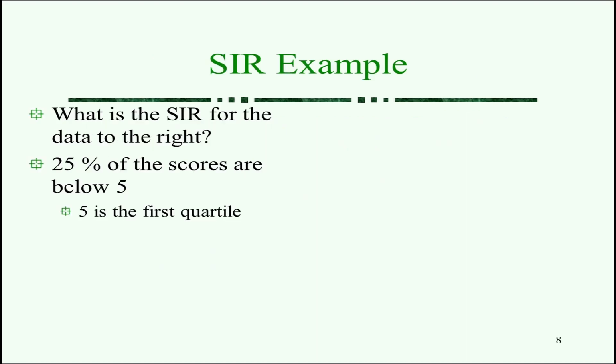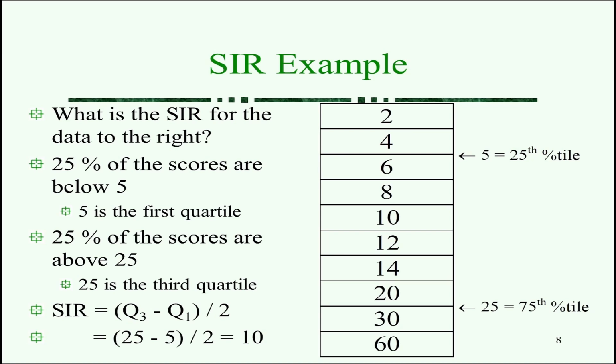Here are a few examples for the semi-interquartile range. What is the semi-interquartile range for the data on the right? The data are given on the right side in a tabular format. The numbers are 2, 4, 6, 8, 10, 12, 20, 30 and 60. First we have to find the 25% of the scores, that is below 5.